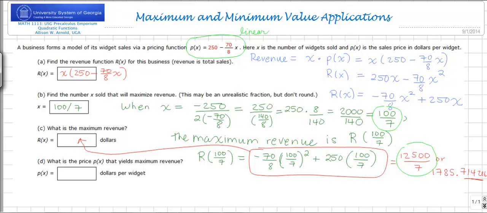Or you can go back to our pricing function right here and substitute in the value of x we've found that makes everything work out for us. Okay, and again, that's the x coordinate of the vertex of the revenue function. So I would substitute in that value for x, and then that value would be my price, already indicated as in dollars per widget.